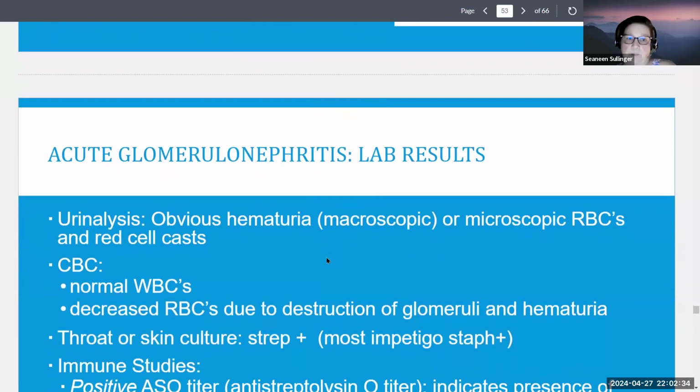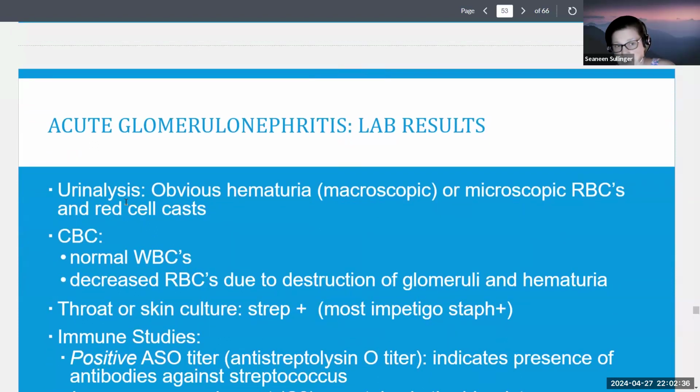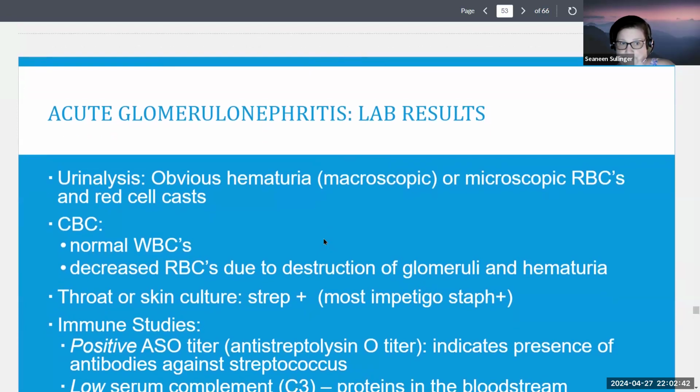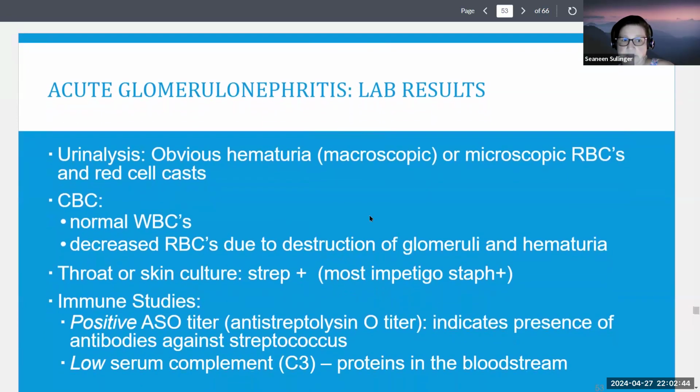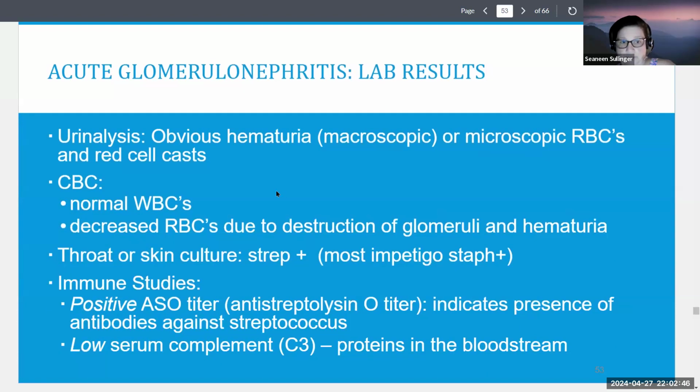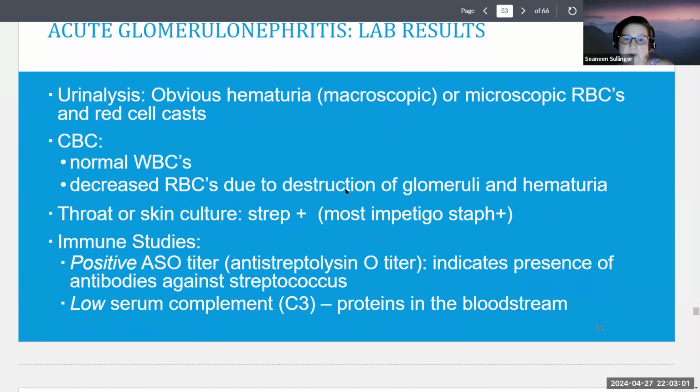So when you get lab results back, you're going to do a urinalysis, and there will be RBCs in the urine. And then the CBC, potentially normal WBCs, because that infection has already been fought off. But there will be decreased RBCs because of the destruction in the glomeruli, and then you get blood in the urine, and that goes out of the body.